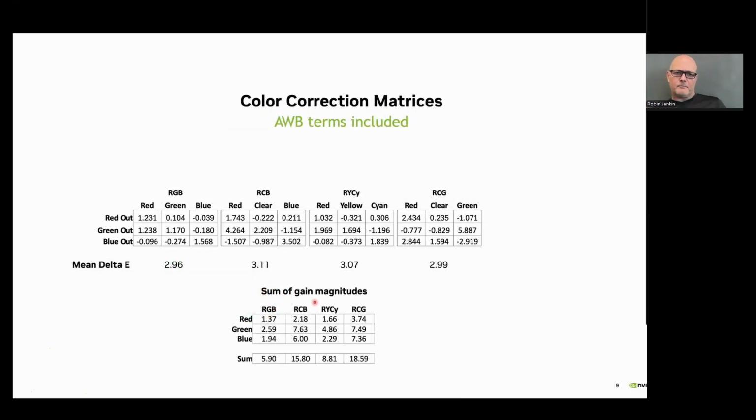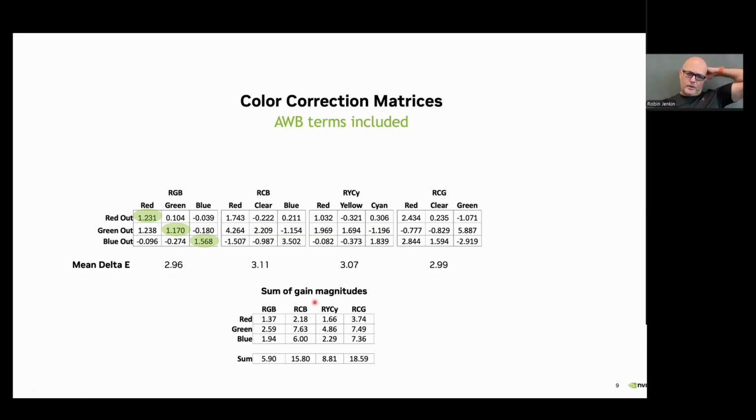Okay, so I promised to talk about some of the color correction matrices, and you'll see that we have each of the color correction matrices with the auto white balance, or AWB, terms included already in there. If we look at the diagonal of the RGB, we can see that we're over 1 for each of those, so they're being gained up a little bit on the diagonal.